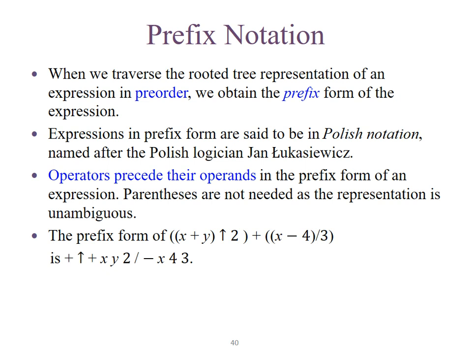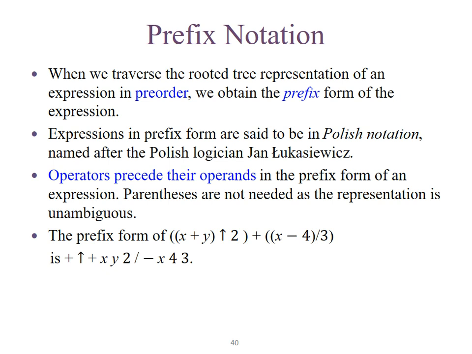And then arrow 2 means we have the prefix notation arrow plus x y 2. Then we have the second part, minus x 4. And here we have a grouping: divide minus x 4. Then these two combine together, and we have addition in front.